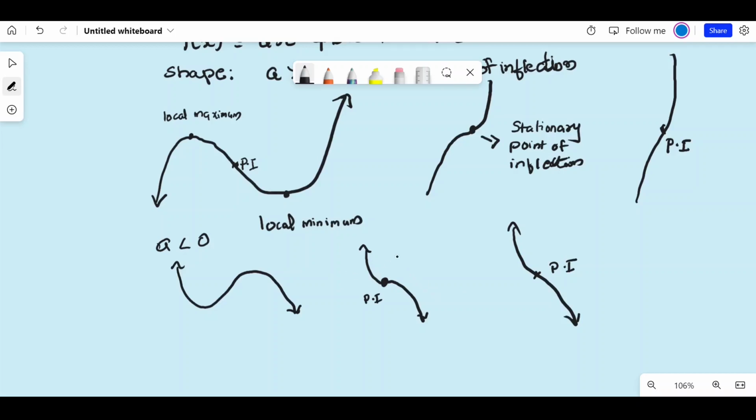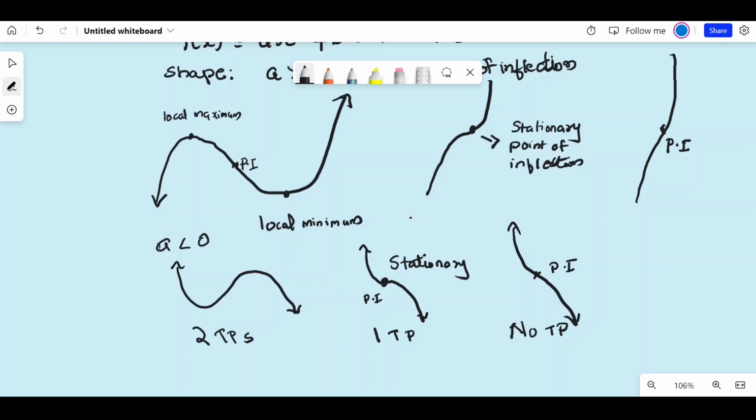So one turning point, no turning points, and here, two turning points. These are the three situations.